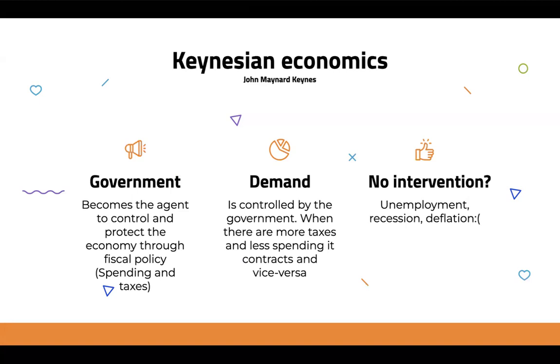The government does this by affecting the demand for goods and services. For example, if the government raises taxes, people have to spend a higher portion of their income on taxes instead of goods and services, and therefore they'll spend less on goods and services, reducing demand. According to Keynesian economics, this protects the economy from unemployment, recessions, and deflation.